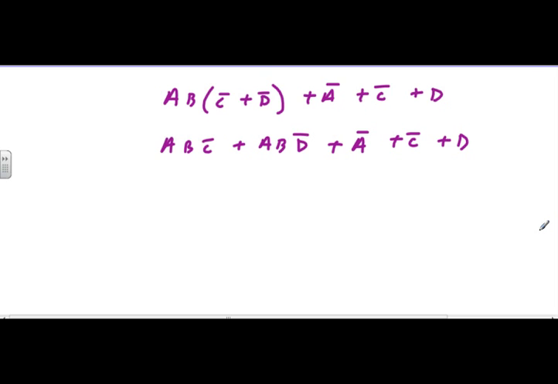Okay, so at 166, we have two things there on the bottom. A or A'B is A or B. And we have A' or AB is A' or B. Okay, so those are the two rules.